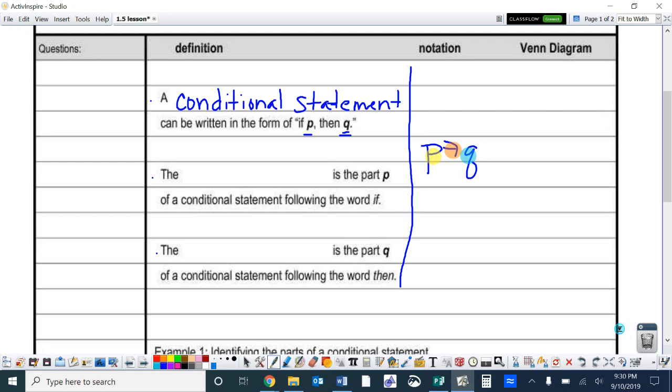The hypothesis is the part P of a conditional statement following the word if. And we want to get in the habit of circling the word if, because notice it says following the word if. So the word if is not part of the hypothesis.